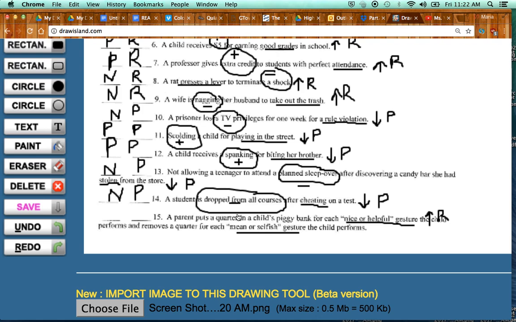So you give the child a quarter, a pleasant stimulus, to increase the behavior. And then the second part of this question will be negative punishment because we want to decrease the behavior of being mean or selfish. So we take away the pleasant stimulus, of removing a quarter.